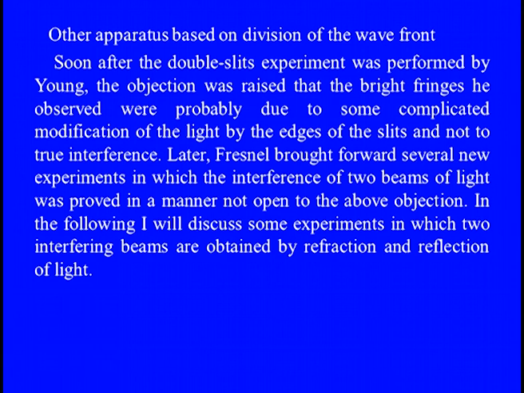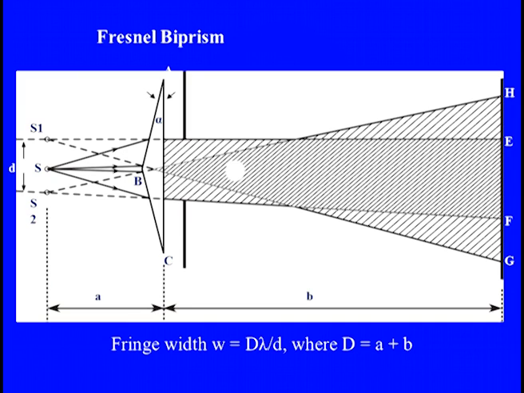In the following, I will discuss some experiments in which two interfering beams are obtained by refraction and reflection of light. So, now I will discuss the Fresnel biprism experiment. A biprism is essentially two prisms, each of very small refracting angle alpha, placed base to base.